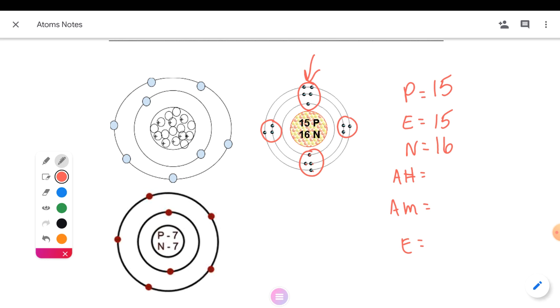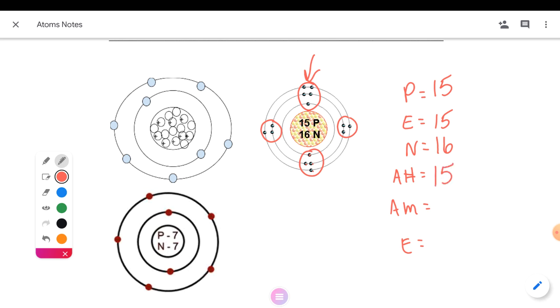Parker, I will never call on you when you're doing that. Okay? Promise. Haley? Number of protons. Yeah. The number of protons is your atomic number. So it is also 15.